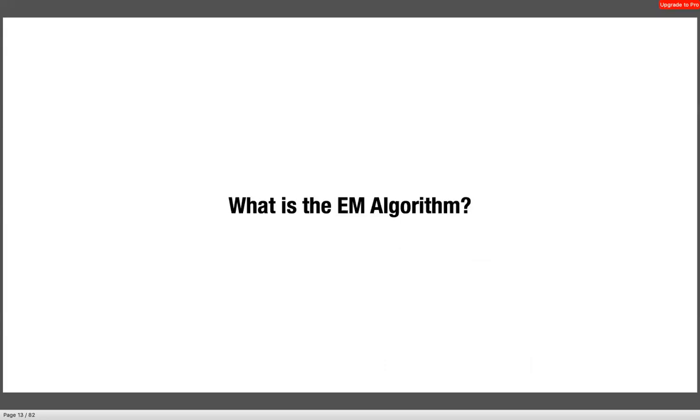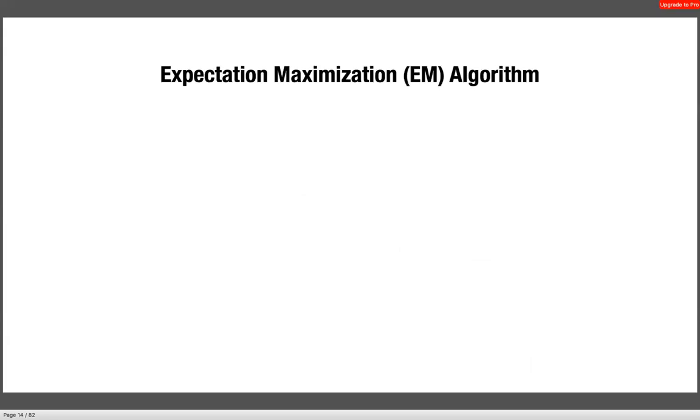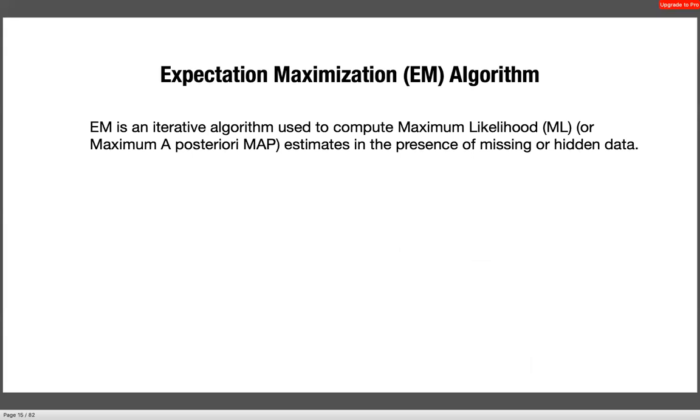Let's first start with trying to understand better what the EM algorithm is, and then we'll move to how EM can be used with HMMs. EM, as I said, is short for expectation maximization. It's essentially an iterative algorithm, and it's used to compute maximum likelihood or maximum a posteriori estimates, but in the presence of hidden variables or unobservable variables. From your ML courses, you all probably know ML estimates and MAP estimates.